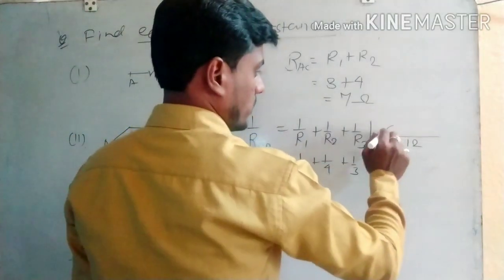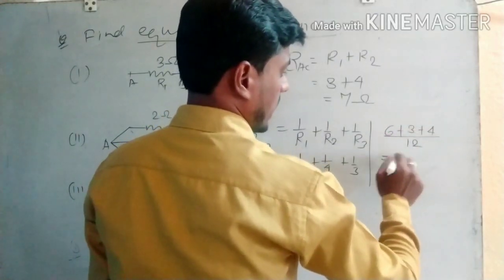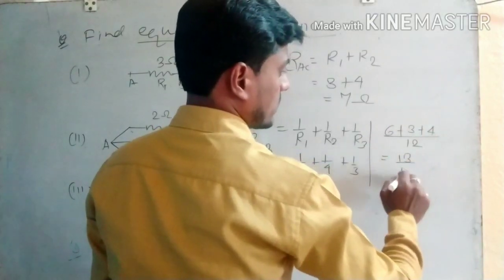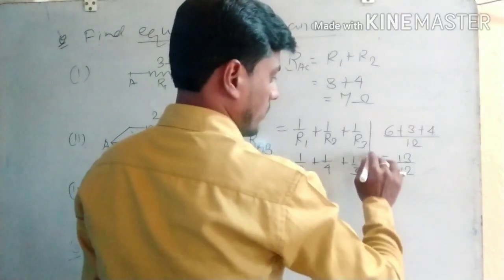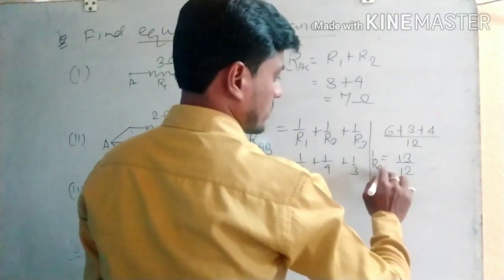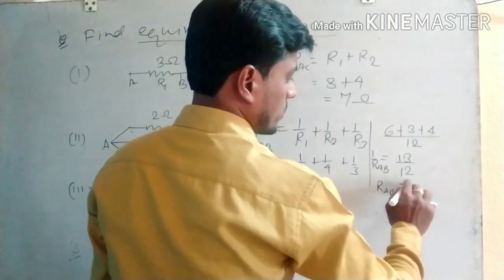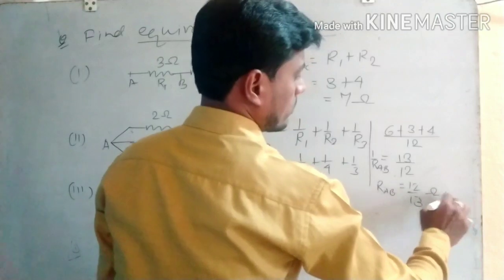So 6 plus 3 plus 4 gives 13 by 12. So 1 by RAB is equal to 13 by 12, and RAB is equal to 12 by 13 ohm.